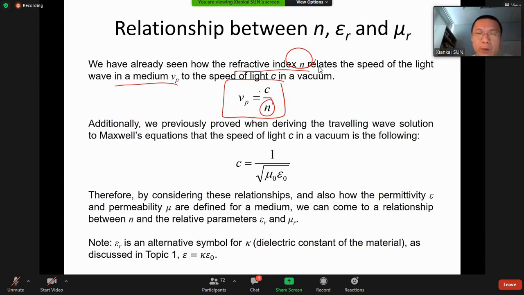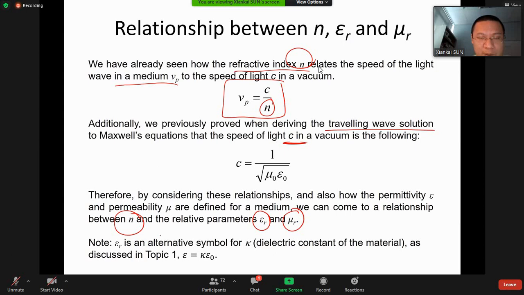Additionally, we also proved that in the traveling wave solution of Maxwell's equations, c is expressed as 1 over the square root of mu naught times epsilon naught. Now we come to a relationship between n and the relative parameters epsilon r and mu r.